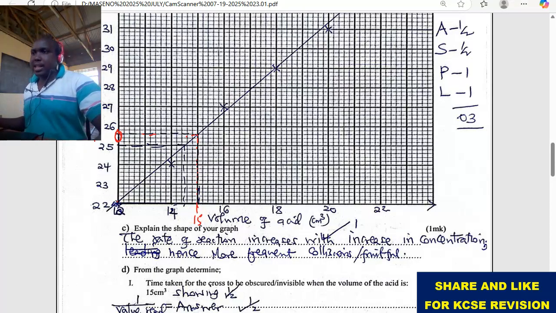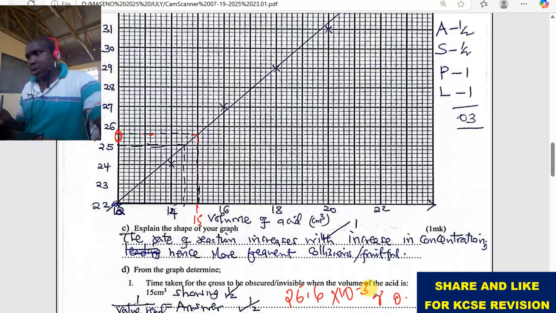So for this learner, it is 25.6 times 10 raised to power negative 3. That is, the rate will be 0.0256. For this learner, it will be that one.